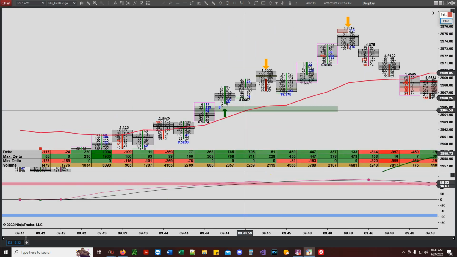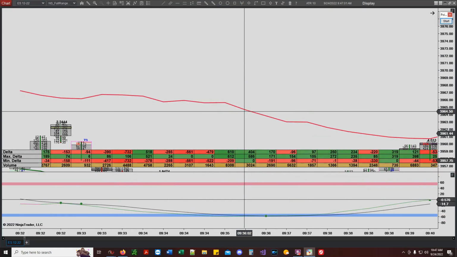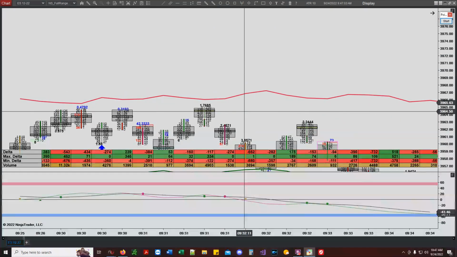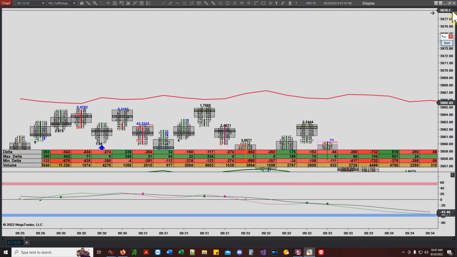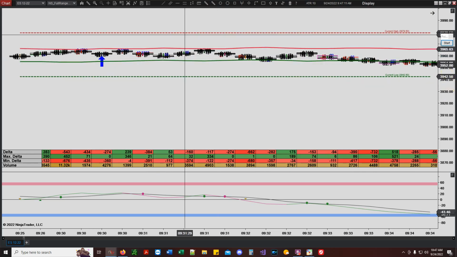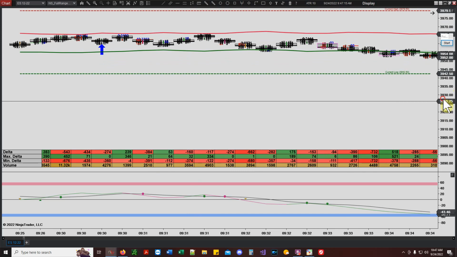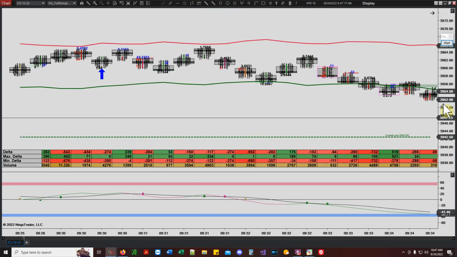Let's get it going. I'm on East Coast time, so let's go back to 9:30. The two dotted lines you see are the highs and lows of the day. It's just part of my template.